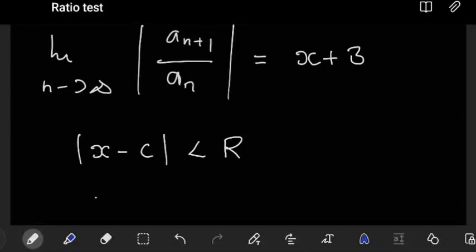Now if x minus c, in the end, we end up with greater than r, then in this case the series diverges.